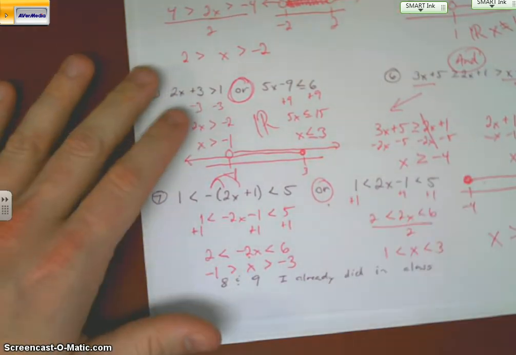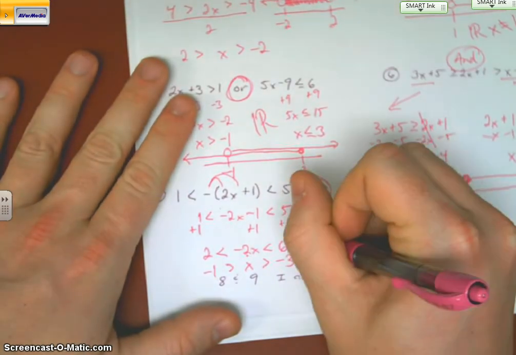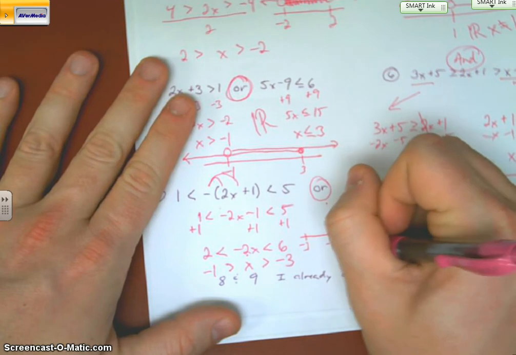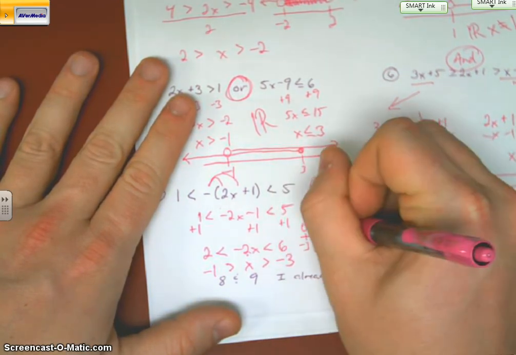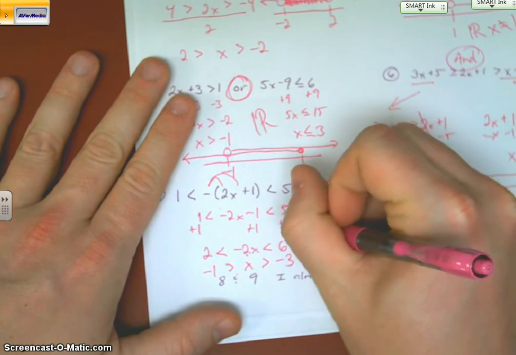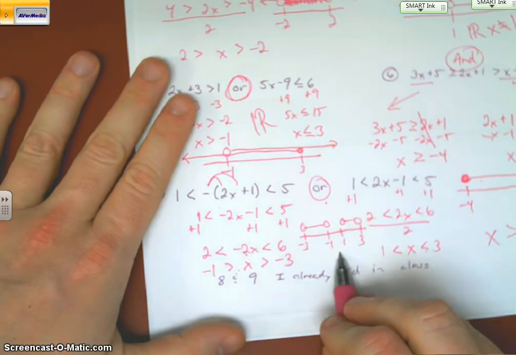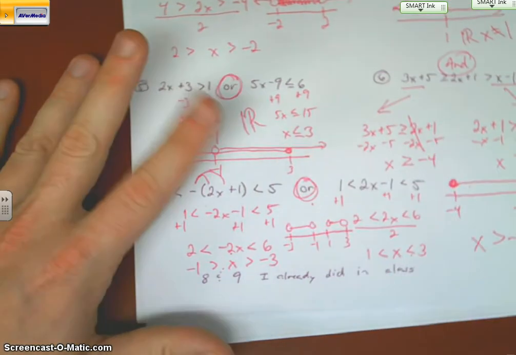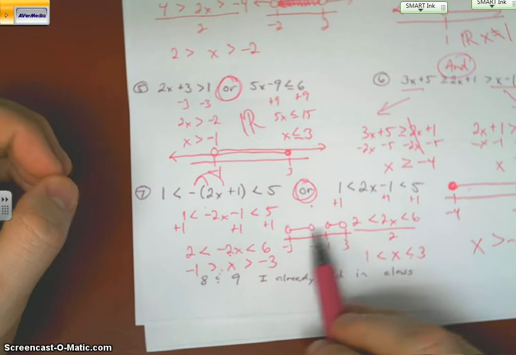So when I graph this, it's going to be open circles. We're going to graph both of these inequalities on the same number line. Since it's an or, we're just looking for answers and we're not looking for overlapping. So this is my final answer.